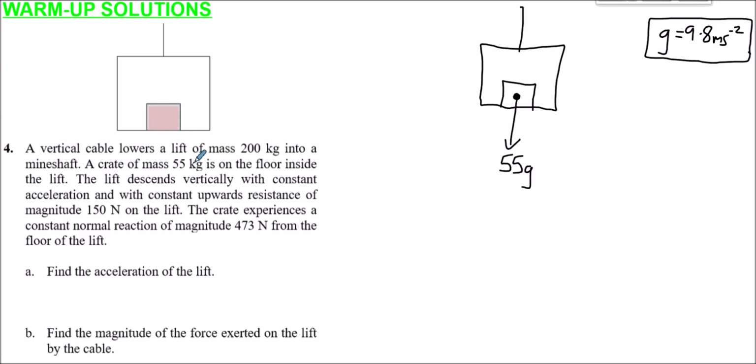The crate's got a mass of 55 kilograms. The lift itself has a mass of 200 kilograms, and if we just think of the lift itself as one body as well, then the force due to gravity from the lift is 200 G. As well as this, we're told that the lift descends vertically with constant acceleration, with a constant upward resistance of 150 newtons.